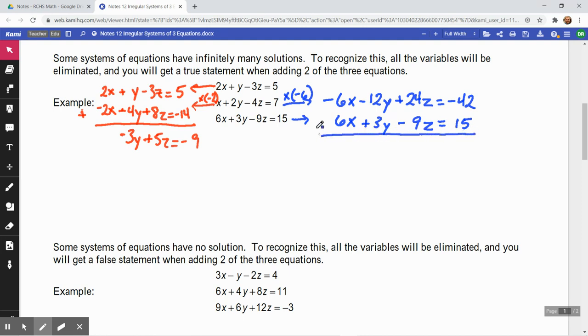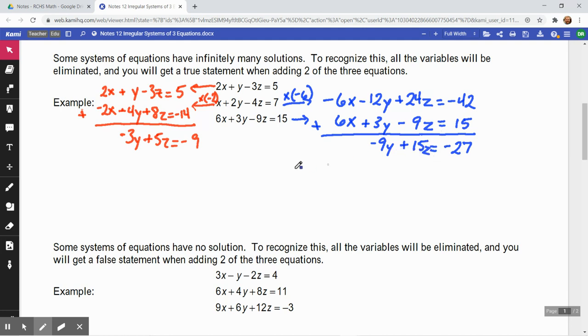So we see the x's have opposite coefficients. They will cancel. And the rest of this, negative 12 plus 3, that's negative 9y. And 24 plus negative 9, that's positive 15z. Equals negative 42 plus 15, that should be a negative 27. It looks like I forgot my z over here with the 15.